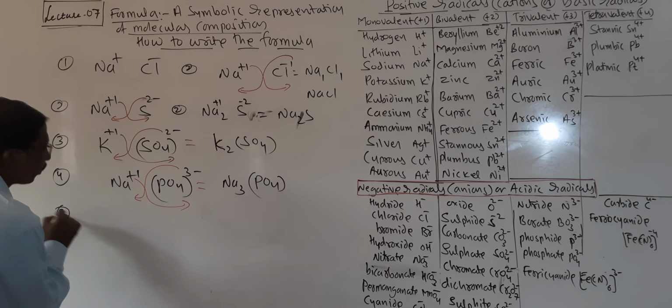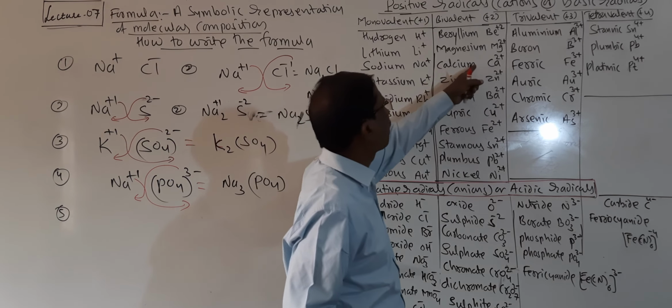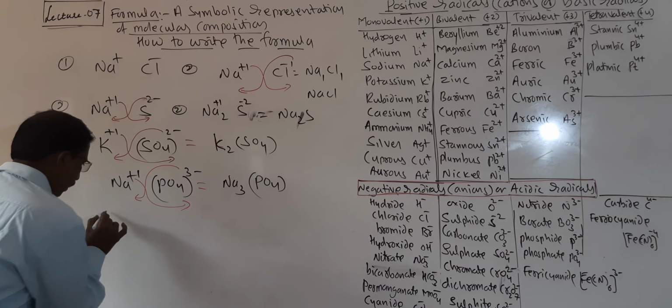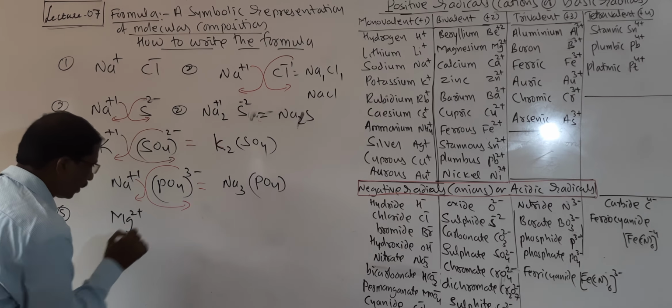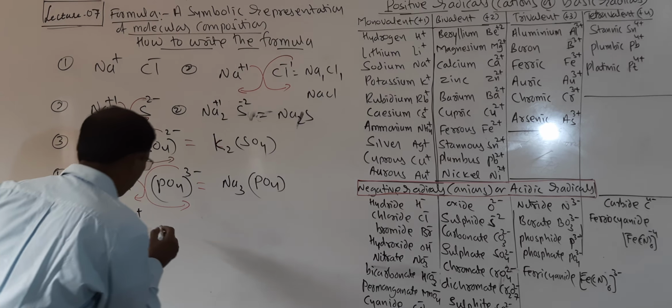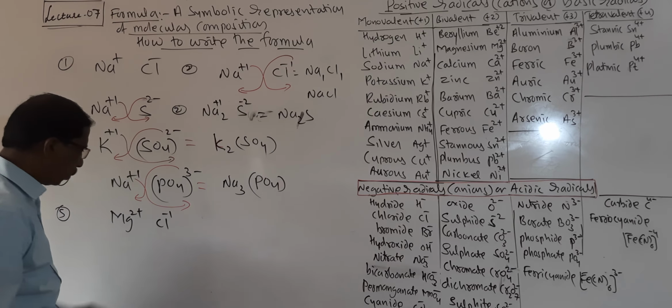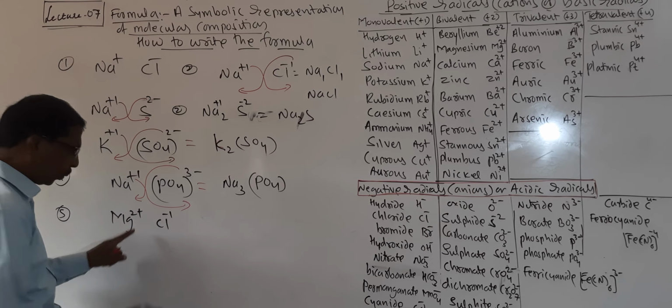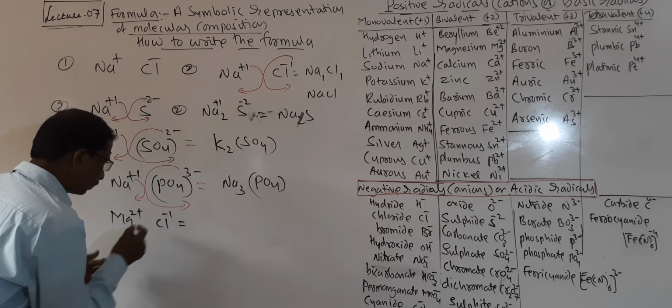Fifth example. I will take this bivalent. You will take magnesium, calcium or zinc. Here Mg2 plus. I will take Cl minus 1. Look here, it is minus 1. It is 2. Cross multiply.